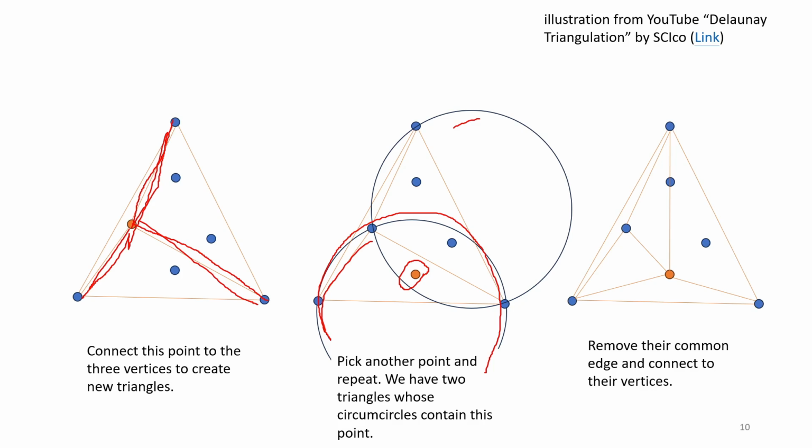Then is there any edge commonly shared by the 2 second circles? Yes, this edge. Therefore, we remove this edge. Remove it and check the point connected to those triangles' vertices. So we will connect this line, this line, this line, and this line. So it will become this new triangulation.